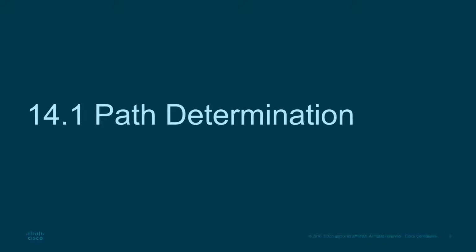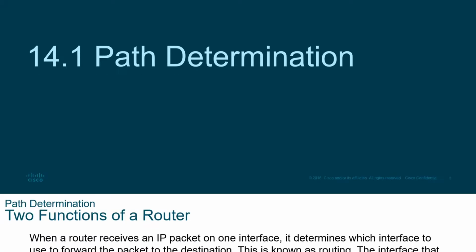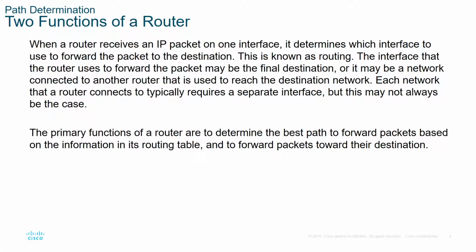Path determination. Two functions of a router. When a router receives an IP packet on an interface, it determines which interface to use to forward the packet to its destination. This is known as routing. The interface that the router uses to forward the packet may be the final destination, or it may be a network connected to another router that is used to reach the destination network.